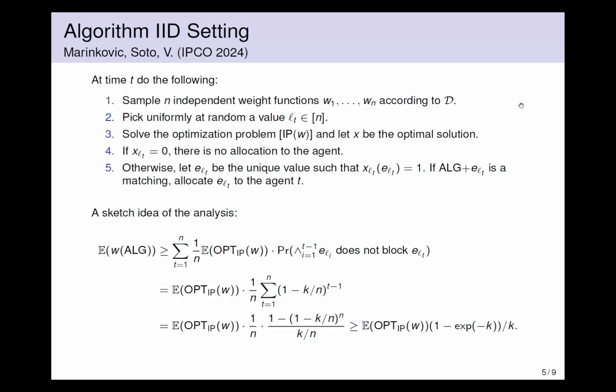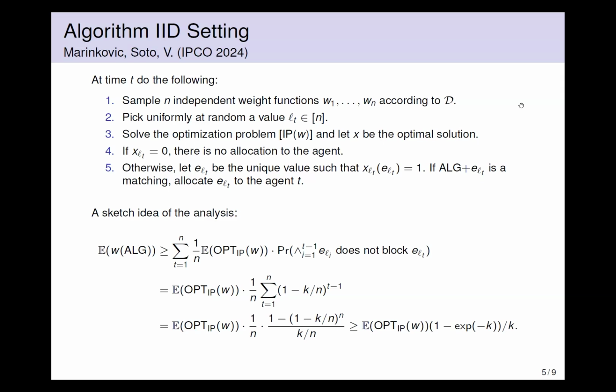Now I will solve the optimization problem. I will solve the integer problem. Let me show you first this slow algorithm, because of course I'm relying on solving an NP-hard problem, but just for simplicity, let me cast it using the IP. So you solve the IP and X is the optimal solution. And then you look at the solution given according to the label. For every agent, what you have is a vector with a 1 or a 0 on every entry, saying whether you pick that bundle or not.